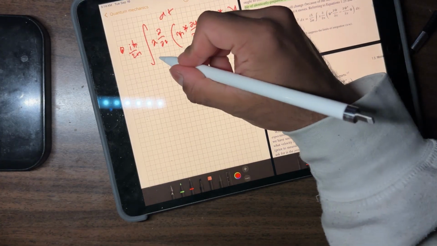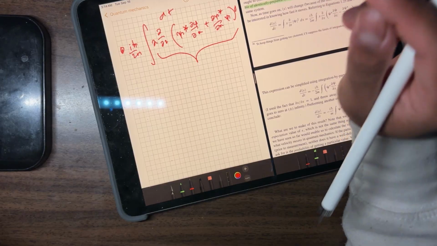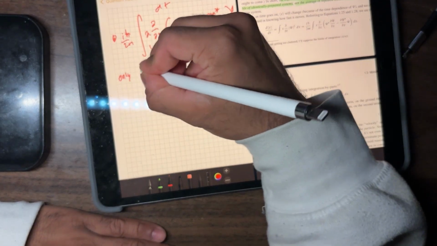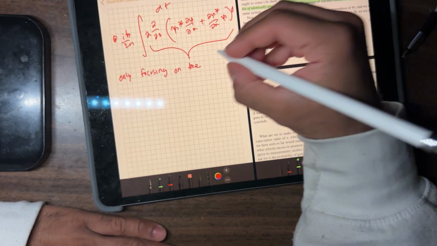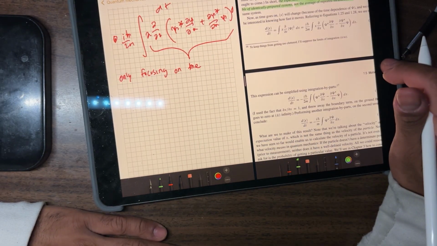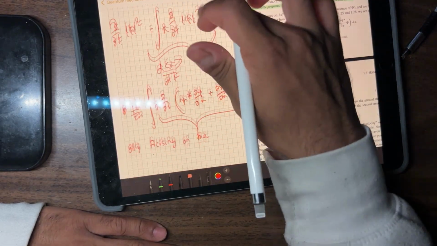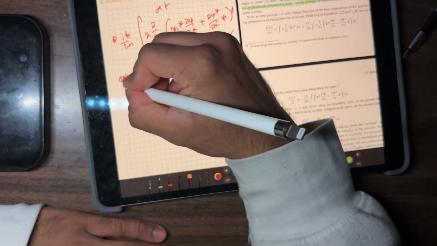And so technically I'm literally differentiating this guy here. So I'm only focusing on the derivative bit.